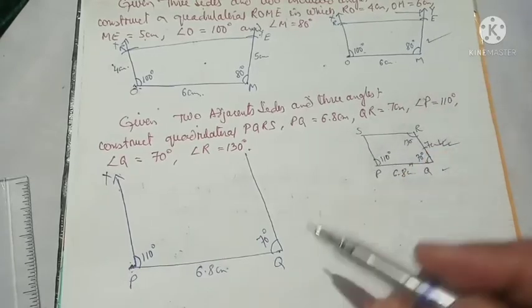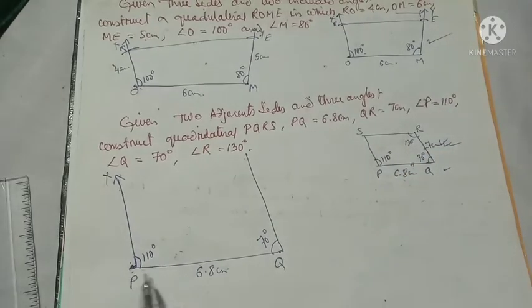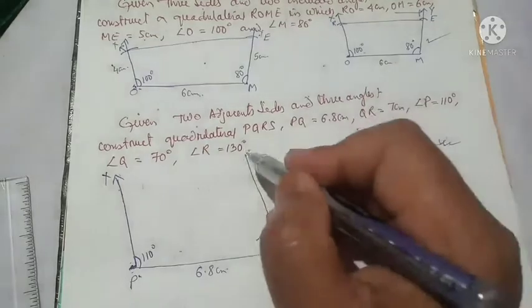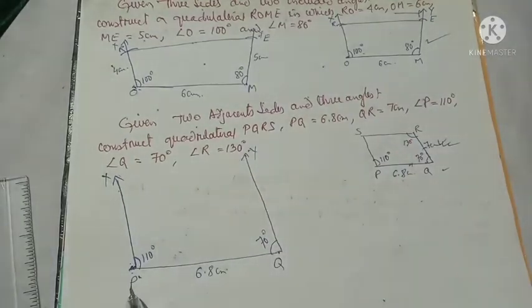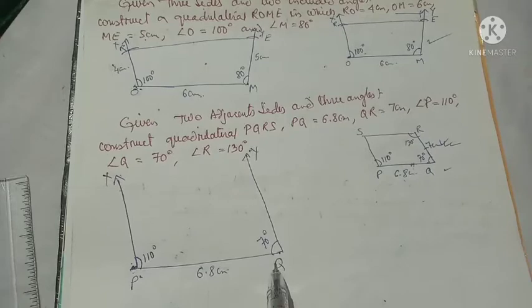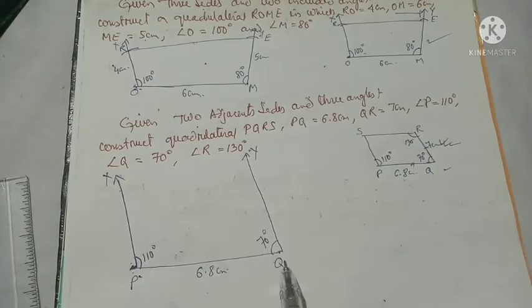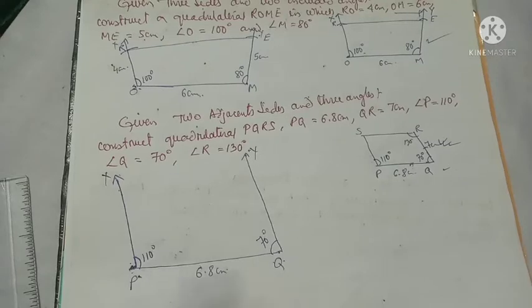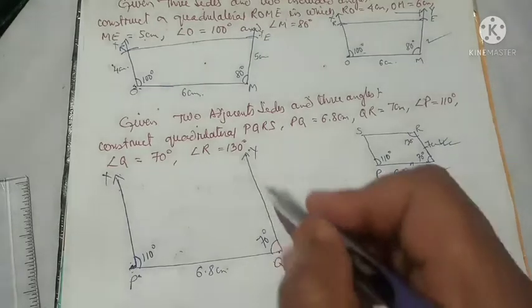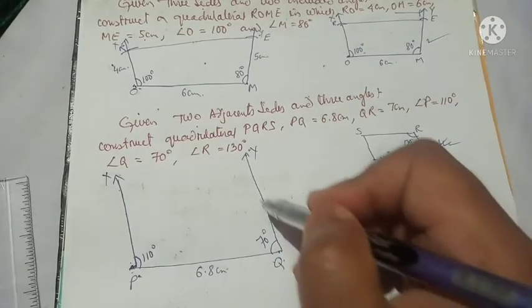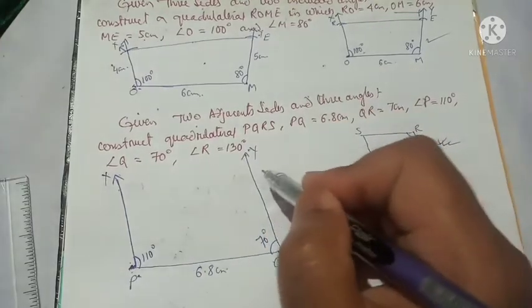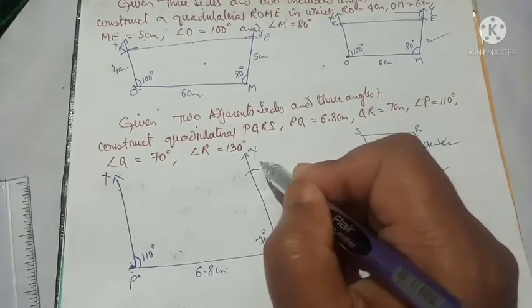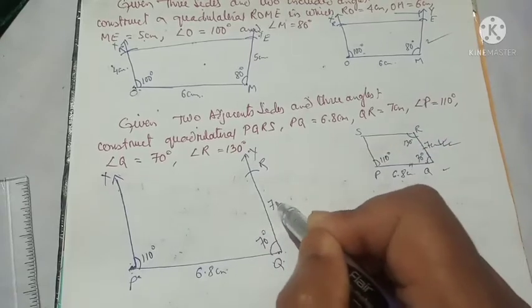Okay, after drawing this, we have constructed line segment PQ, angle P, angle Q. And the fourth step is from the center Q and the radius of 7 cm, we draw an arc that intersects this ray at the point R. We call it R. This is 7 cm.